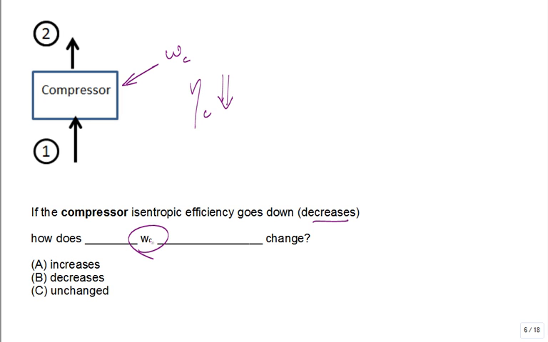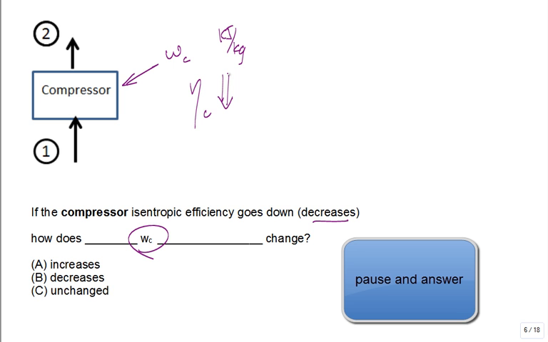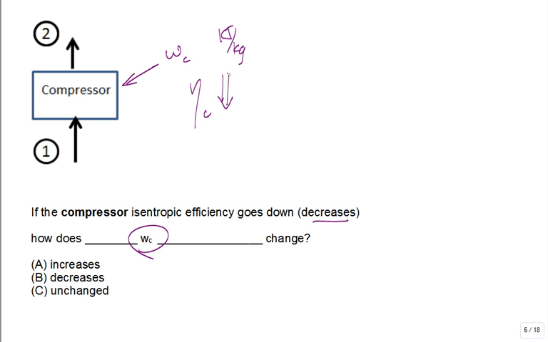Don't worry about negative. It's a positive work into the compressor per unit mass, in units of kilojoules per kilogram. So I'll turn on the clicker and we'll give you 30 seconds to answer that one. How does W_C change? 5 seconds. And we show the results.